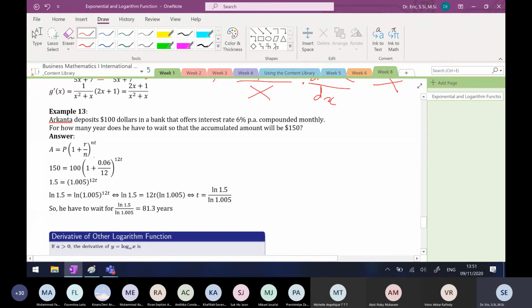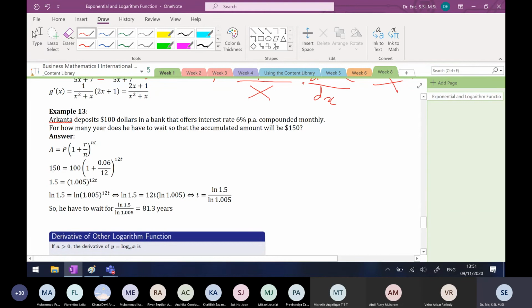So, the same compound interest formula. Accumulated equals the principal times 1 plus r over n, where r is the interest rate and n is how many times it is compounded a year, to the power of n times t. t is how many years it is deposited.